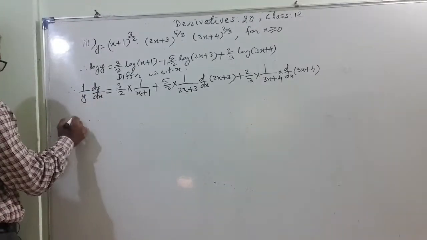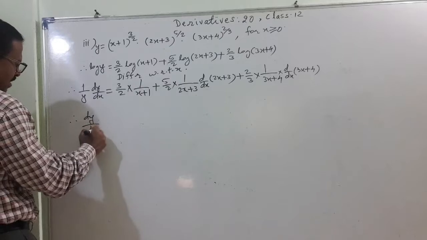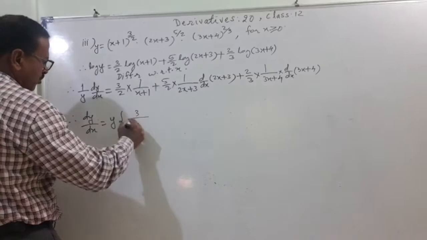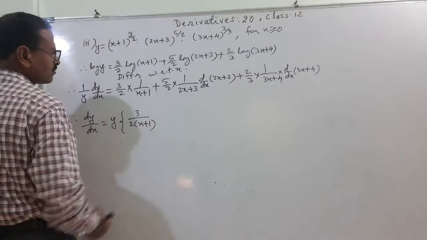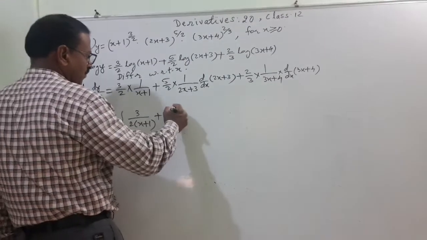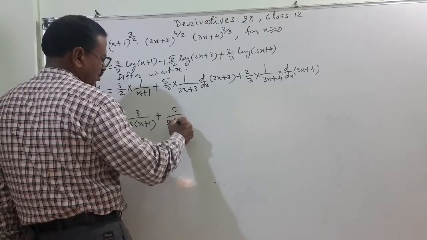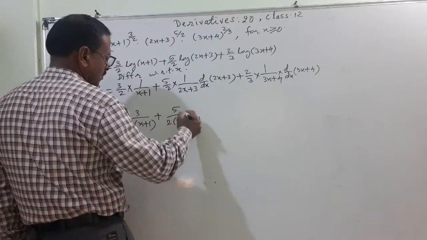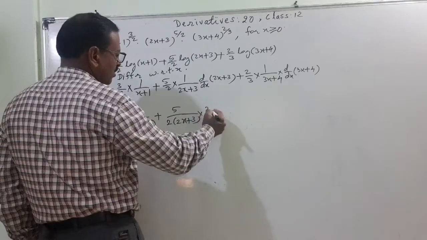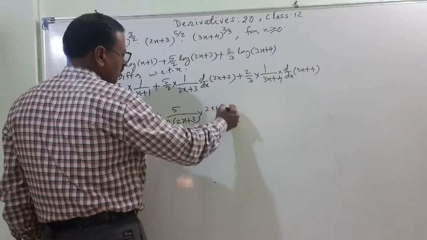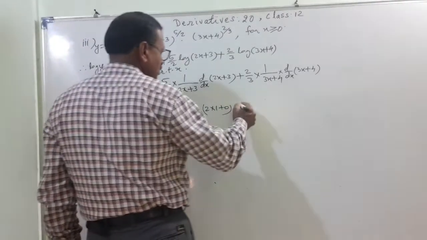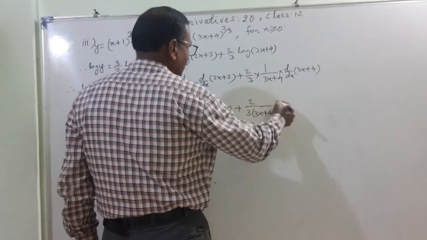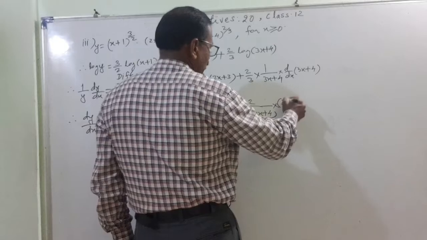Therefore, now dy by dx, in that I am interested, dy by dx is equal to this y will go here and this will be 3 upon 2 into bracket x plus 1 plus 5 upon 2 into 2x plus 3 and into the derivative of this will be 2 into 1 plus 0, that way it will come, plus 2 upon 3 into bracket 3x plus 4 and the derivative of this will be 3 into 1 plus 0.